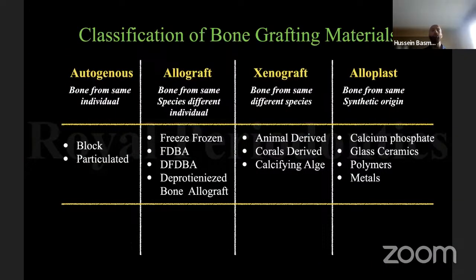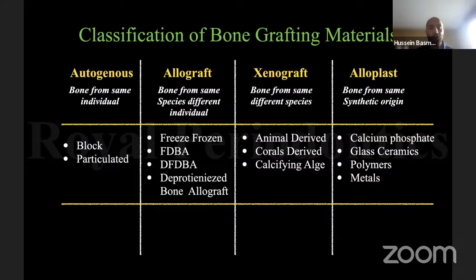So in the market, we actually have different types of bone grafts. We have the autogenous, the allograft, the xenograft, and the alloplast. When we talk about autogenous, we're talking about bone from the same individual, literally taking bone during the surgery from the same patient and placing it in the grafted area. When we talk about allograft, we're talking about bone from the same species, but from a cadaver, basically.